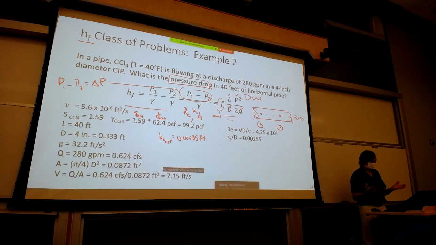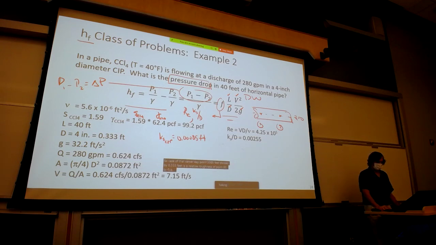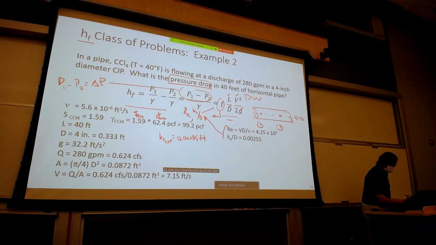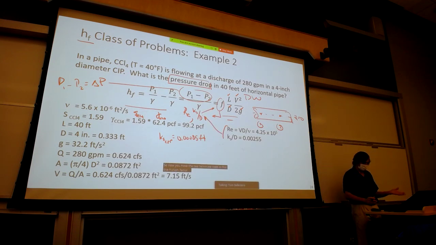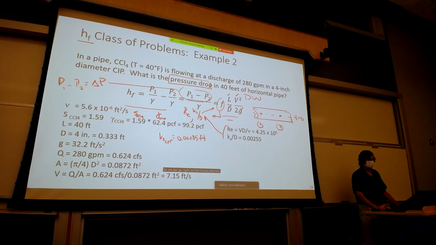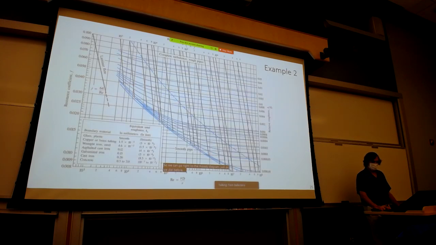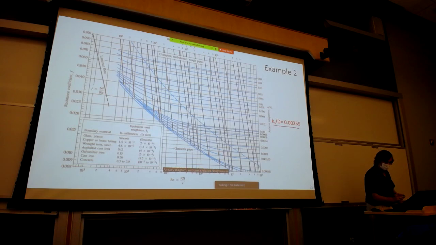So epsilon over D, 0.0085 feet divided by 0.333 feet, is a relative roughness of 0.00255. So now you have the two terms we need to find the friction factor. So we can go right to the Moody diagram, just as we did before. On the Moody diagram, we have a relative roughness of 0.00255.